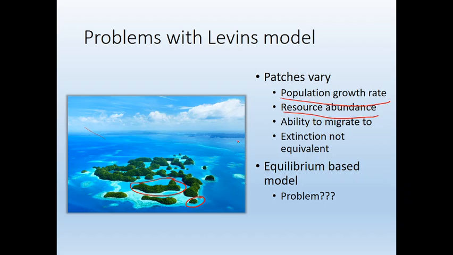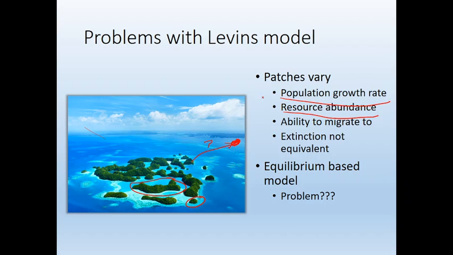If we put another island way over here that's super far away, is a species going to be able to swim that? That's a big question mark. It'll depend on the species, and we just don't know. So extinctions on these islands are not equivalent due to being different sizes and all these different things.